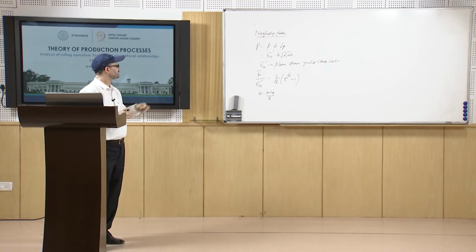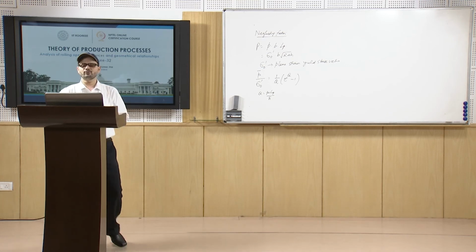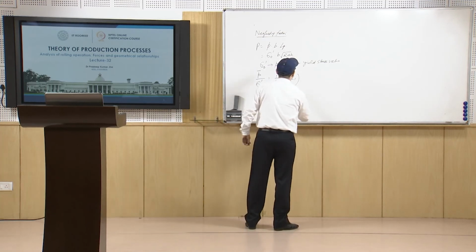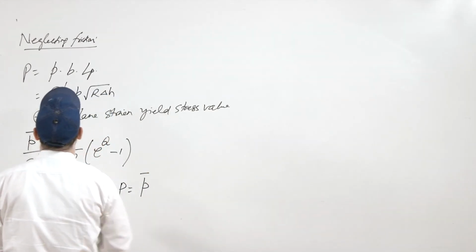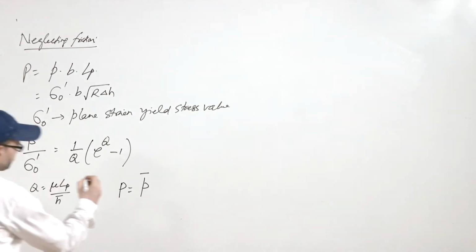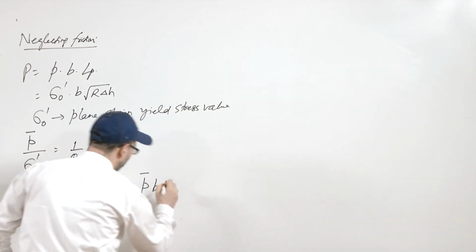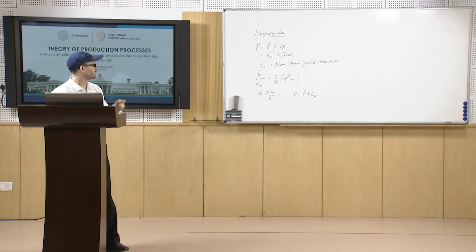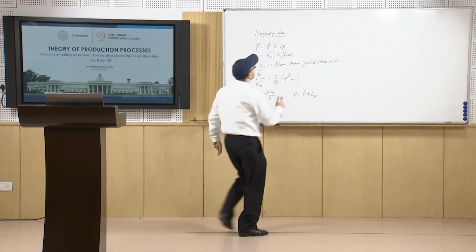Now, if you find the P, what we get is P will be P bar multiplied by B LP. P bar value we will get from here. That will be sigma naught prime, and then you get 2 by root 3 sigma naught, which is the mean value of the stress.